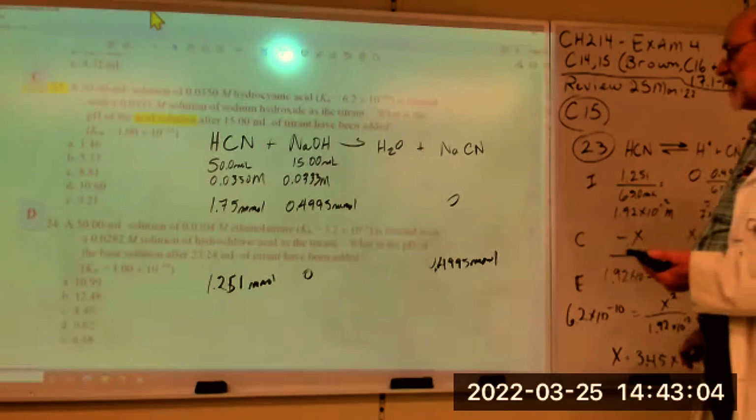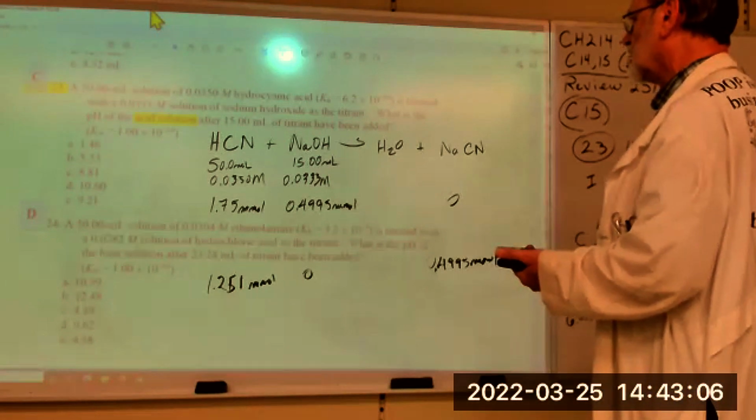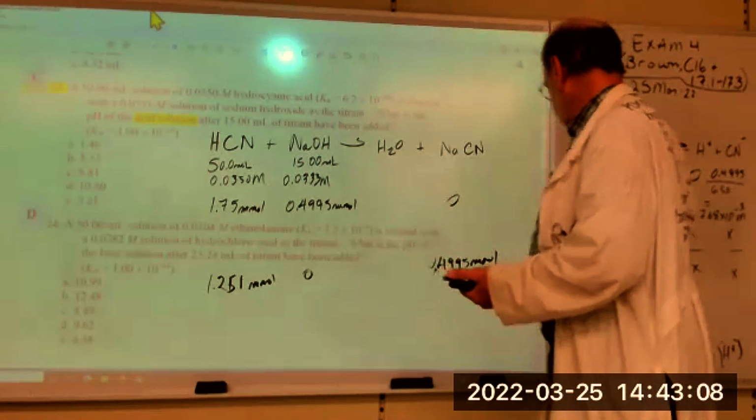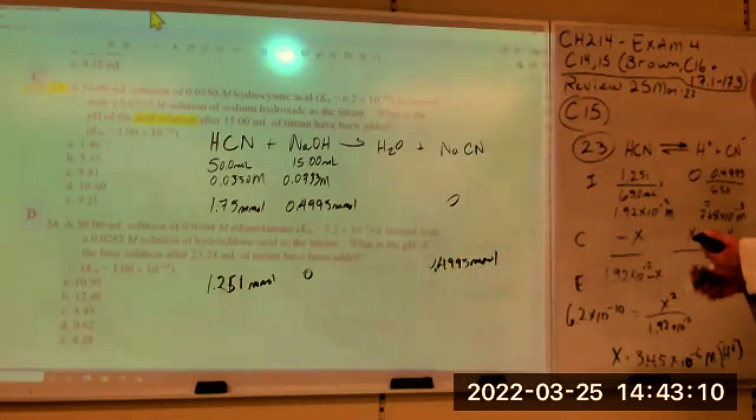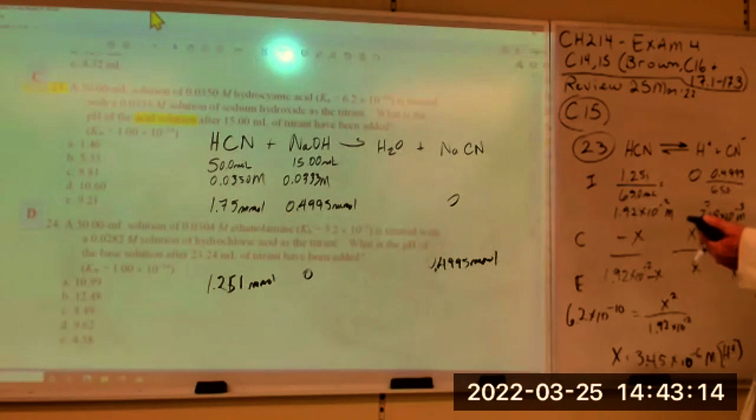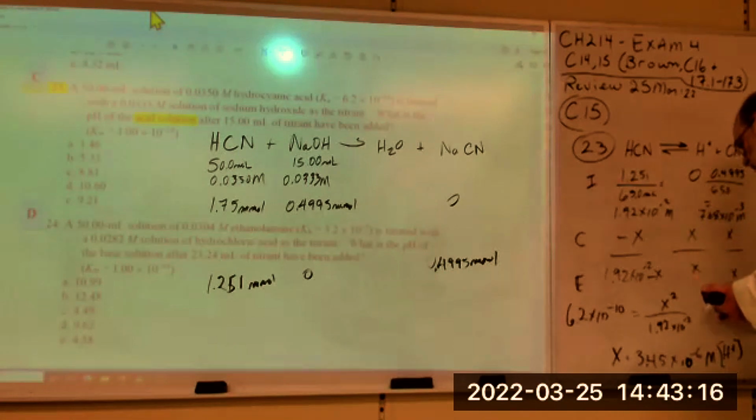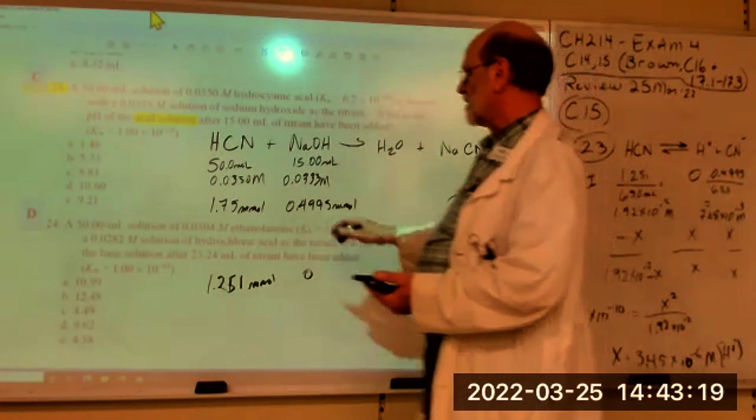And it asks us the pH. What's the pH of that solution? So I need to take the negative log of that value. 5.46.